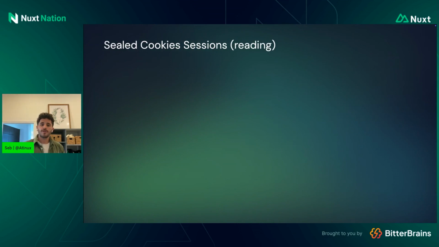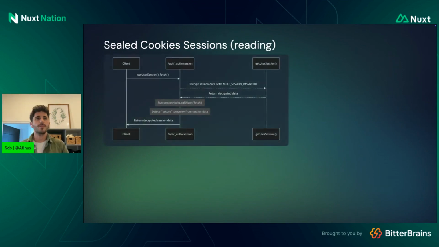So now let's see how it works when reading the cookie on the app side. When we call the useUserSession composable fetch, the session endpoint will be called. This endpoint is added by the Nuxt Auth Utils module. It will decrypt the session data using the NUXT_SESSION_PASSWORD environment variable.